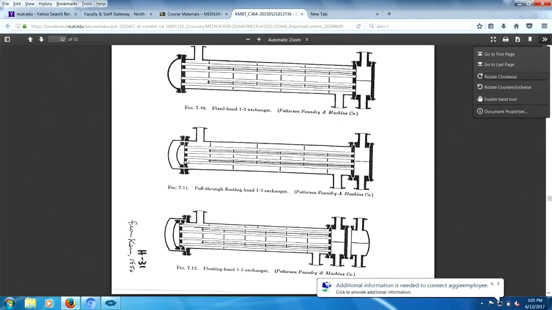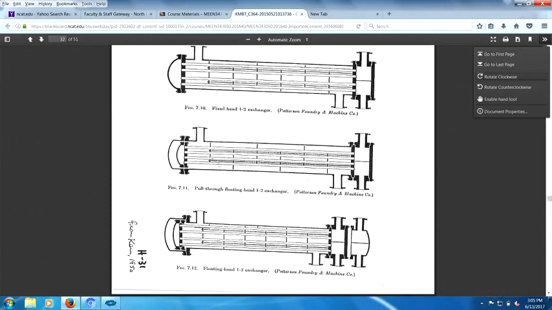So, anyway, to prevent the expansion problem, they have what is called a floating head. Now, I hope you don't mind me using that word head. See, right there it is, floating head. See, this thing right here is called the head, and it's not attached to anything, so it's floating, right?